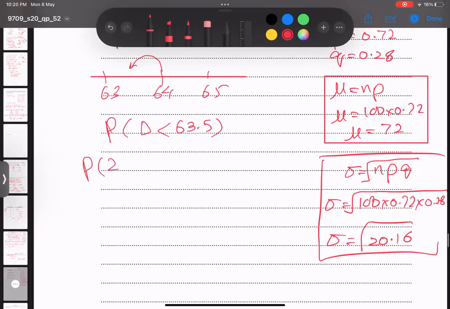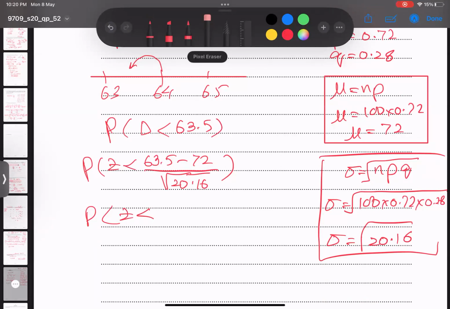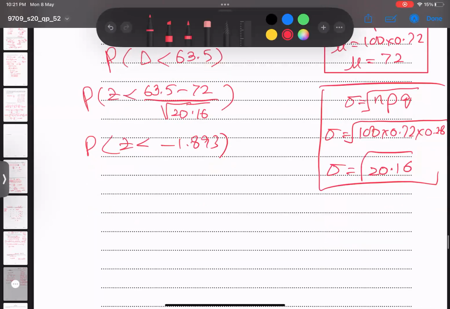Z equals 63.5 minus the mean, which is 72, divided by the deviation, root 20.16. When I type 63.5 minus 72 and divide by root 20.16 in the calculator, it gives negative 1.893.